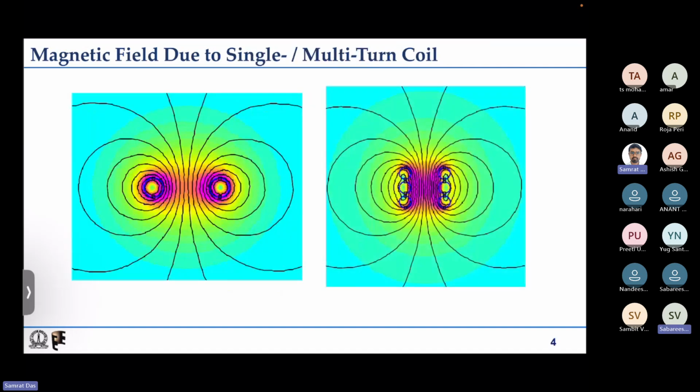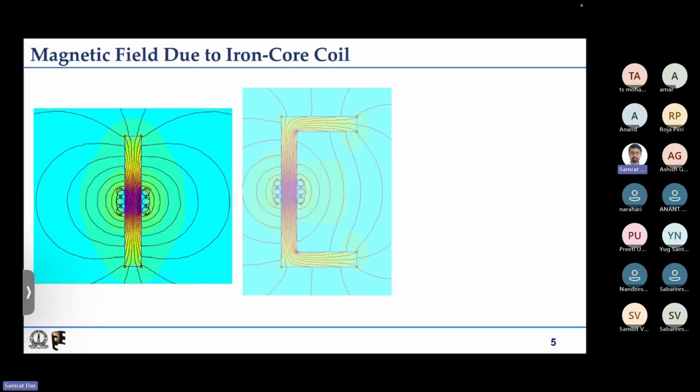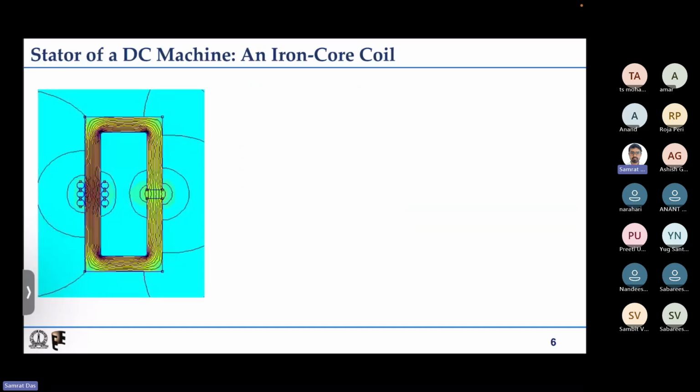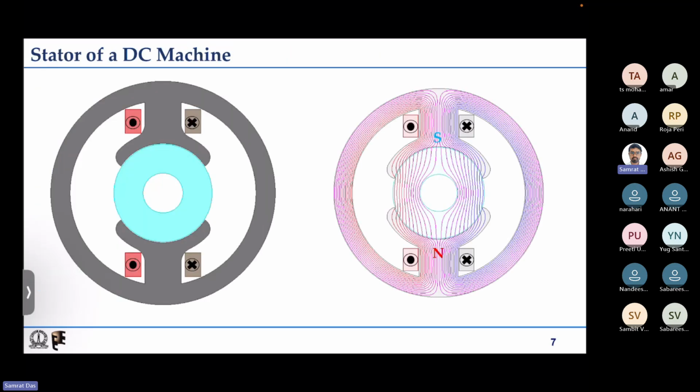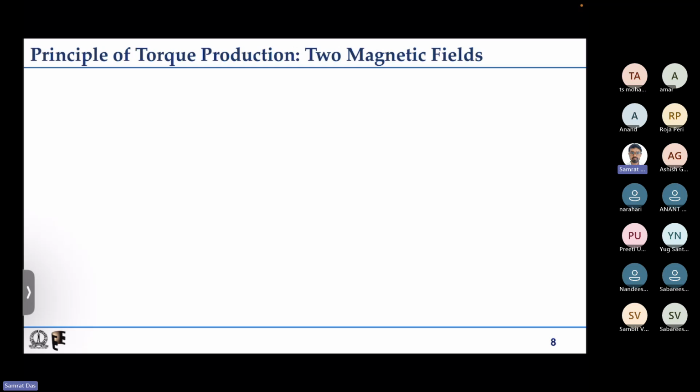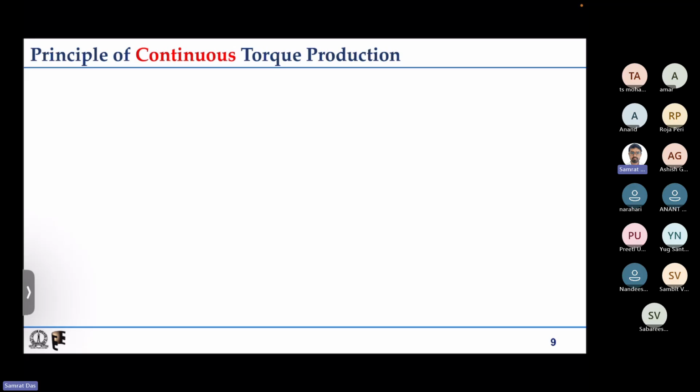So we have discussed the magnetic field due to coils, then the realization of the stator of a DC machine, that is nothing but an iron core coil. We looked at the field of the DC machine, and then we looked at the principle of torque production. Basically, we need two magnetic fields, and there has to be some phase shift between the two.